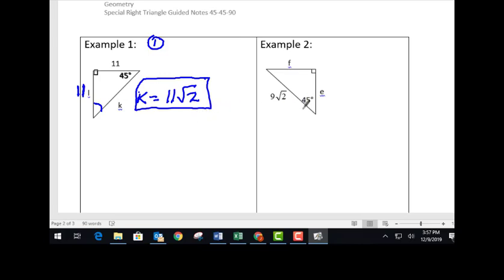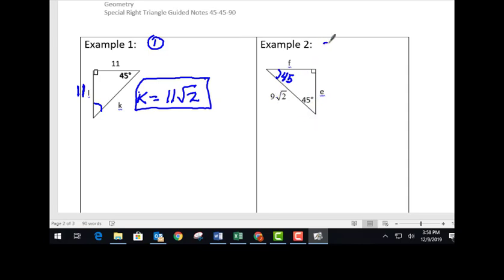Okay, now let's see example 2. Well, in example 2, we know the hypotenuse. I know since this is 45, this has to be 45 because 45 plus 45 makes 90, across from the 90. We're also working with 45, 45s. And therefore, what do we have to do here?